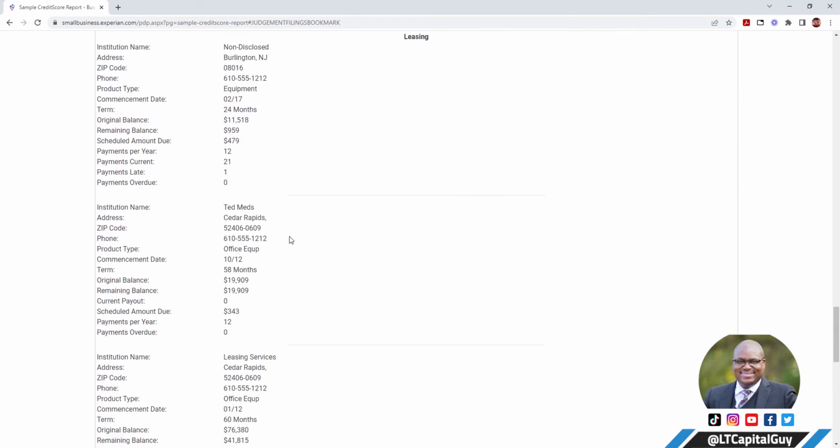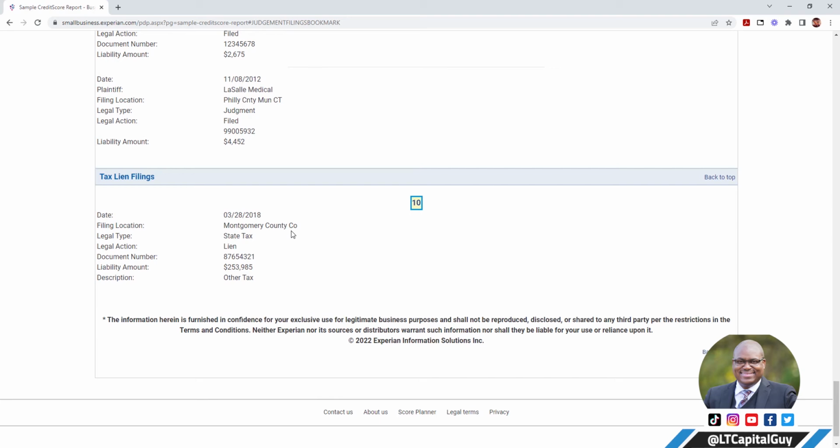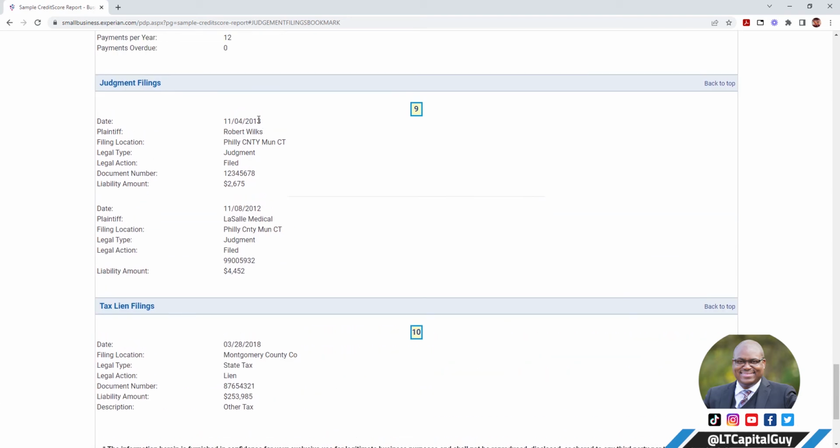Same thing with judgments: they are weighed more if they are recent. The more recent it is, the more it weighs against you. As time goes on, it weighs less, but it is calculated and used as a factor in computing your score.